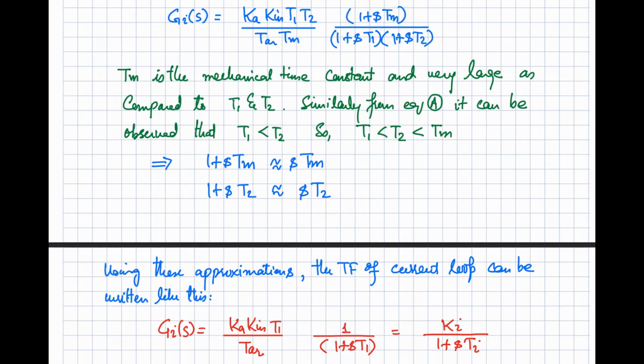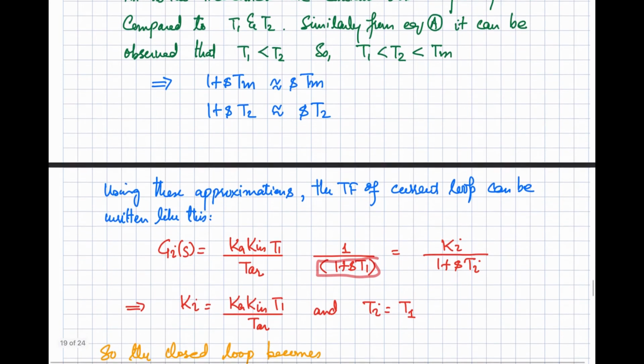We can write it like that, sTm. And what is this one? This can be written as sT2, so this term and this term are going to cancel out. Similarly, this T2 will be cancelled over here, and this Tm will be cancelled over here. So you are left with only this part, right? And this term is gone because we have approximated it. So you are only left with 1 plus sT1, so that is this one. So you can approximate this transfer function like that.